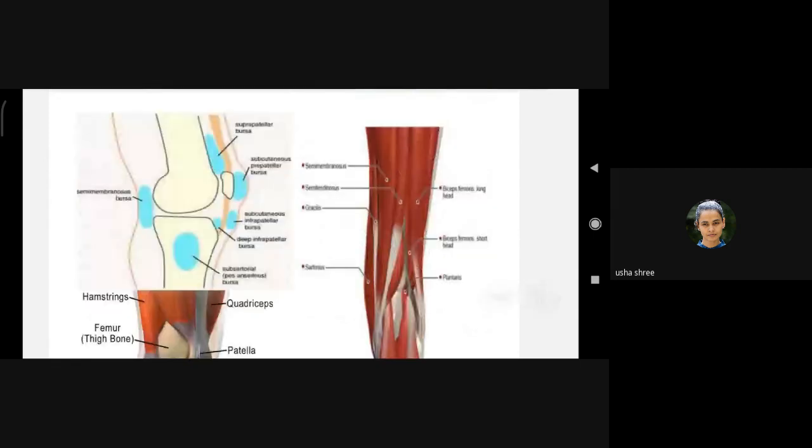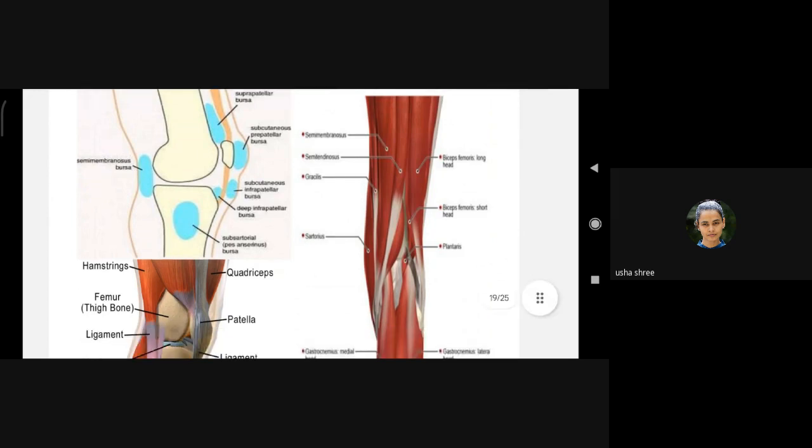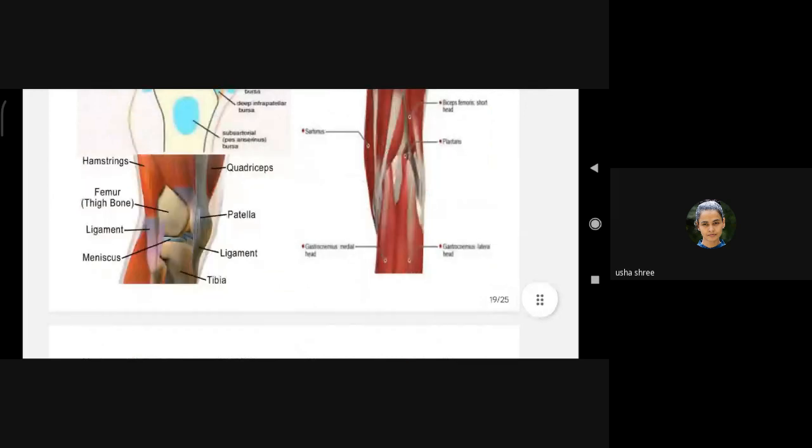You can see the sky-colored depictions here in the left side picture are the bursae. You can also see how the muscles are joining and attached to these bones.